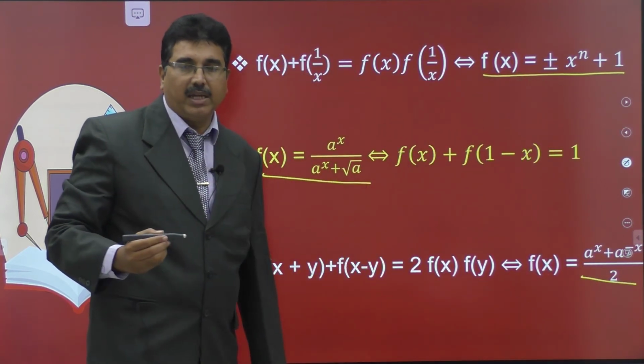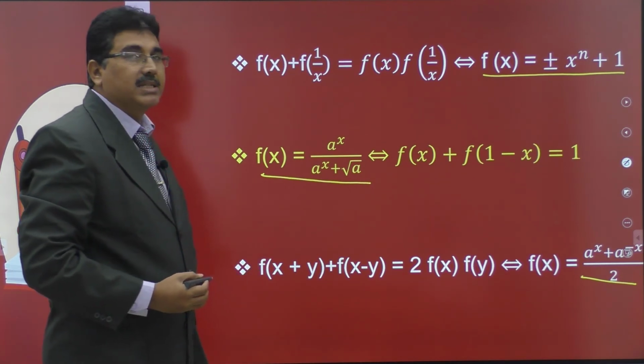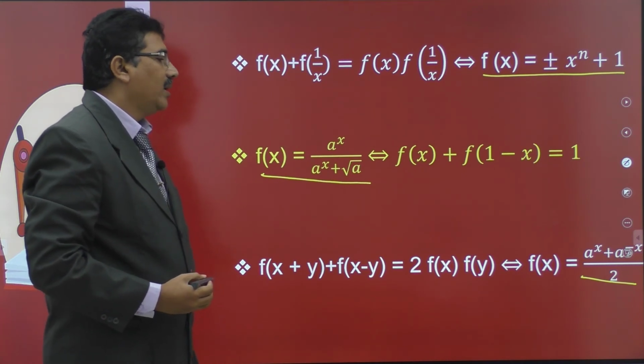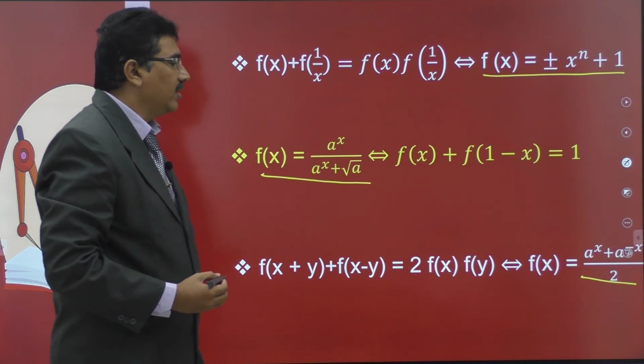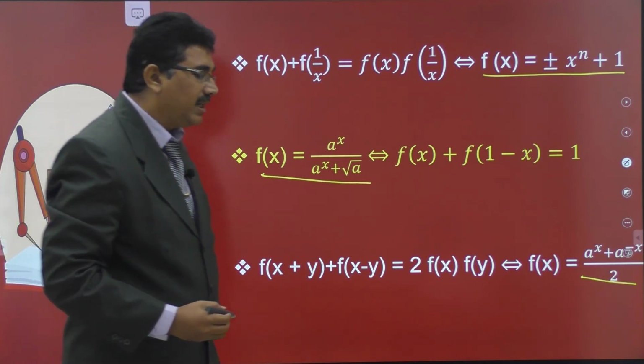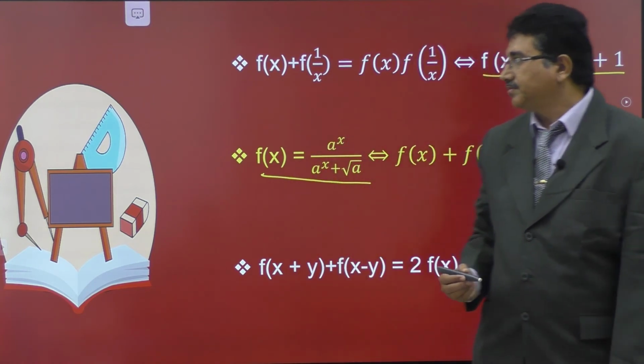Then it satisfies an equation f of x plus y plus f of x minus y is equal to 2 times f of x into f of y. These are some standard functional equations. Right?